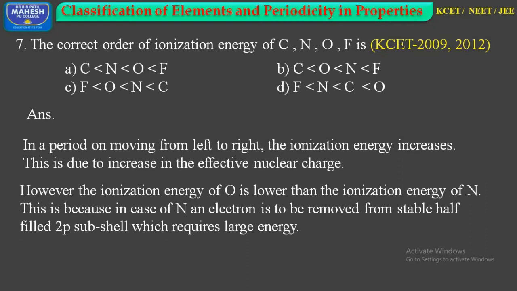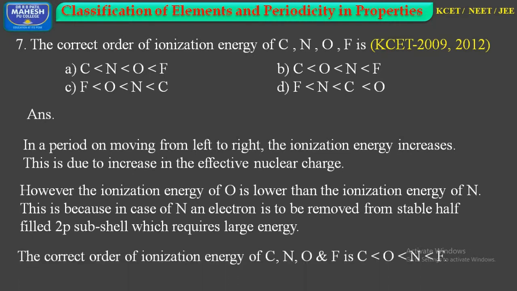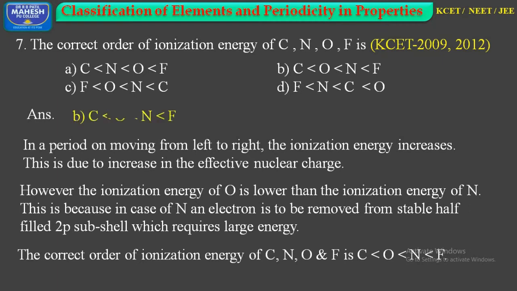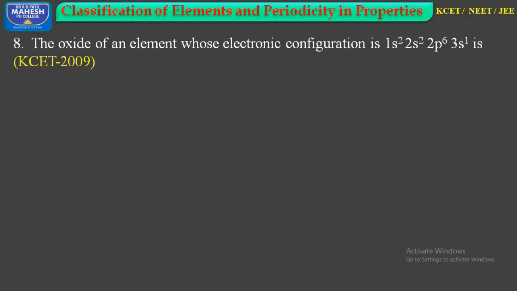Due to this, the correct order of ionization energy of carbon, nitrogen, oxygen, fluorine in increasing order can be written as carbon first, followed by oxygen, nitrogen, and the highest value for fluorine. So students, option B is the right answer. Let us proceed with question 8.